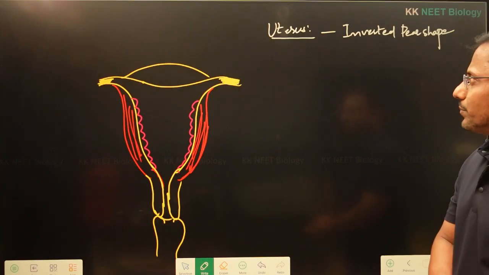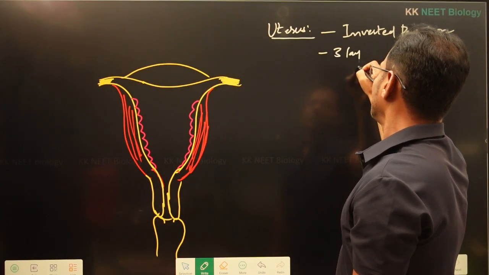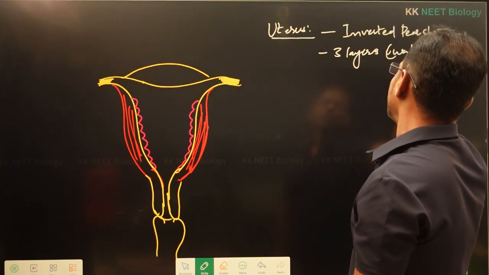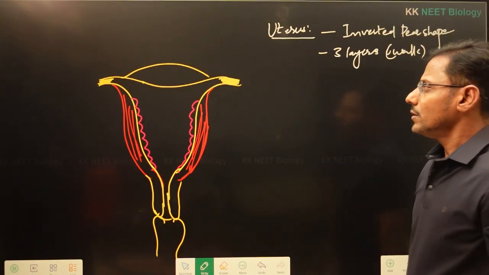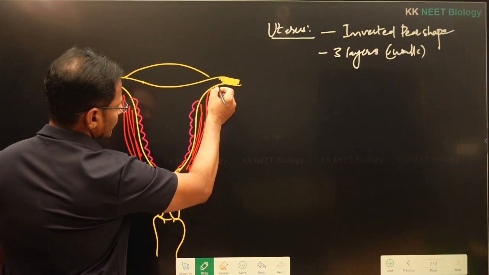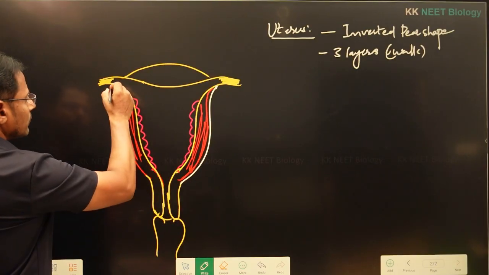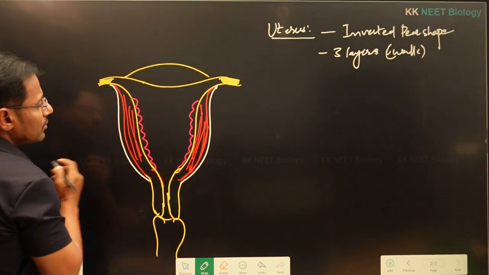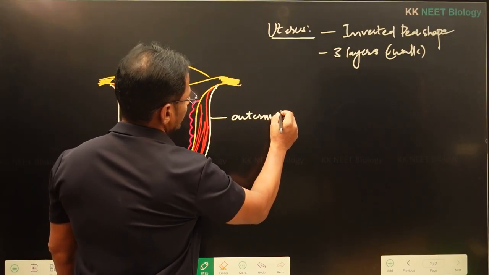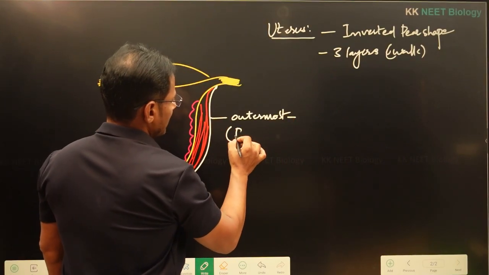In the uterus you can see three layers, three walls present in the uterine wall. The outermost layer of the uterus is the perimetrium.